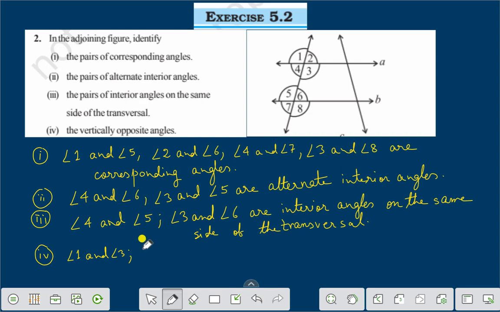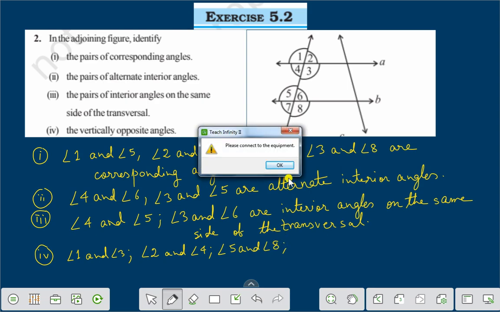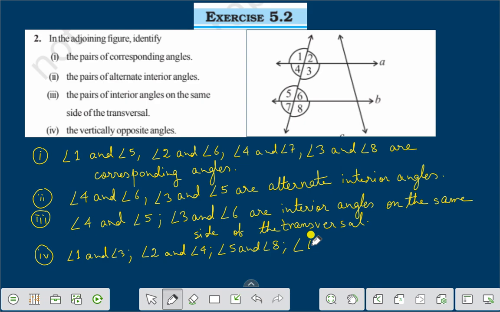Angle 1 and angle 3, angle 2 and angle 4, angle 5 and angle 8, angle 6 and angle 7 are vertically opposite angles.